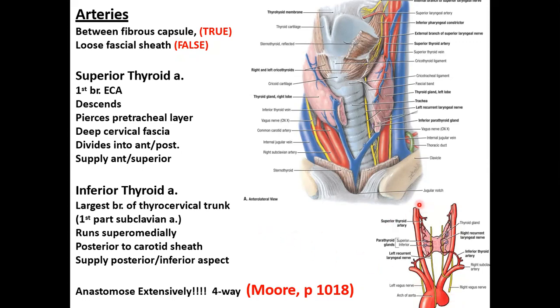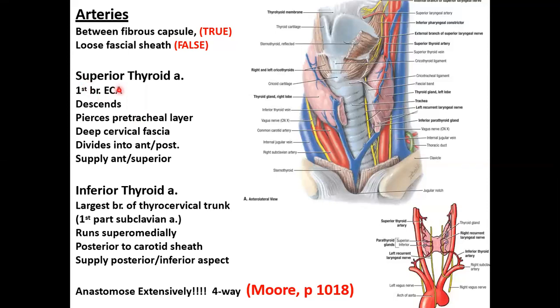But going back to the anastomosis of blood supply for your thyroid. Dr. Austin here talks about your arteries between the fibrous capsule and the loose fascial tissue, and just true and false here. I don't know what those are referring to.